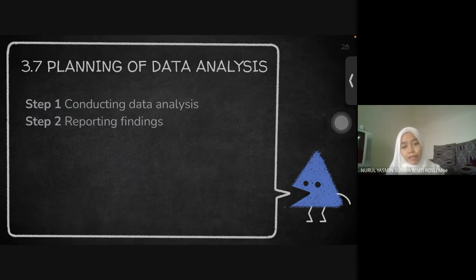Next, we will look at the planning of data analysis method, which consists of step 1 and step 2. In step 1, an analysis will be produced based on the data collected from the sample participants, conducted in a separate sheet in the data entry file, and the survey results will be analyzed and interpreted.